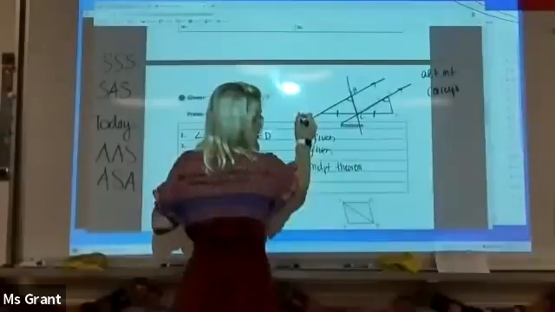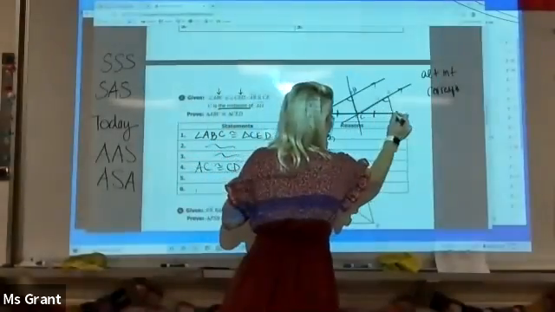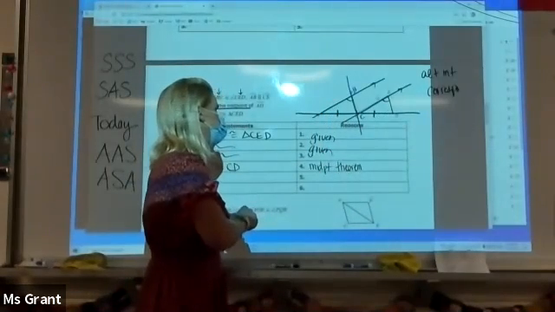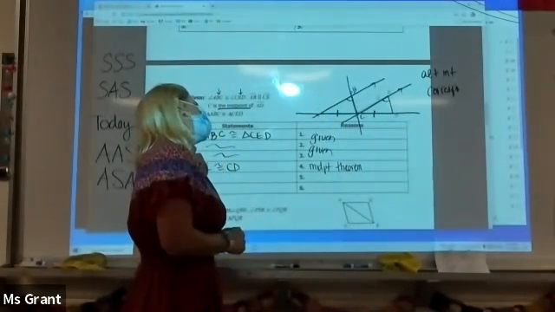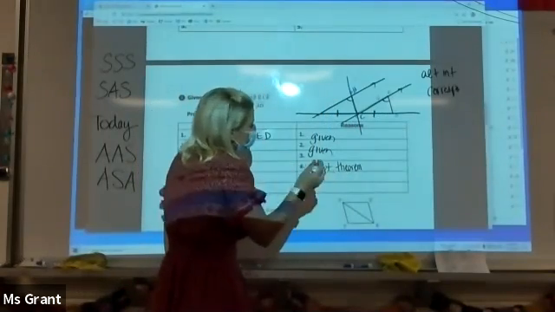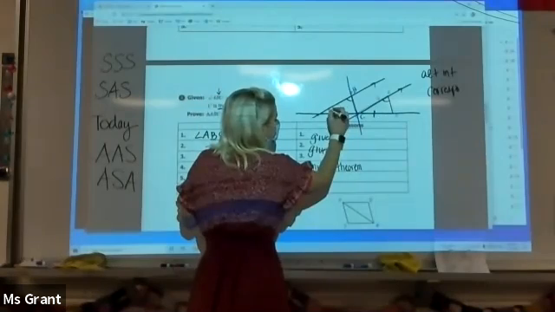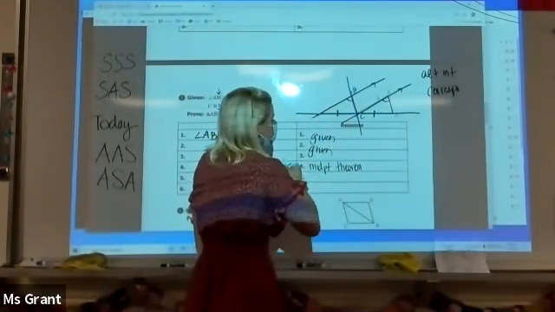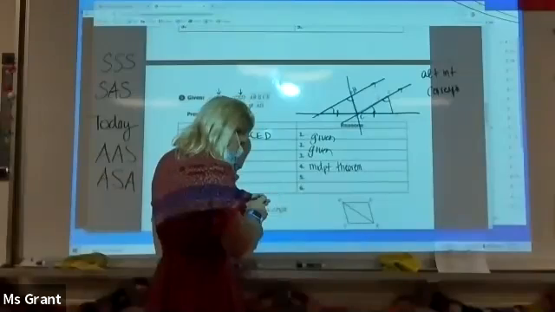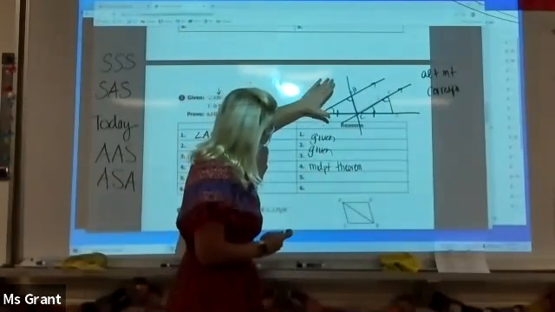Wait, no. What if my transversal, I could also have a transversal here, or line AB. Check this out, you guys. A and C. Look at what position they're in.